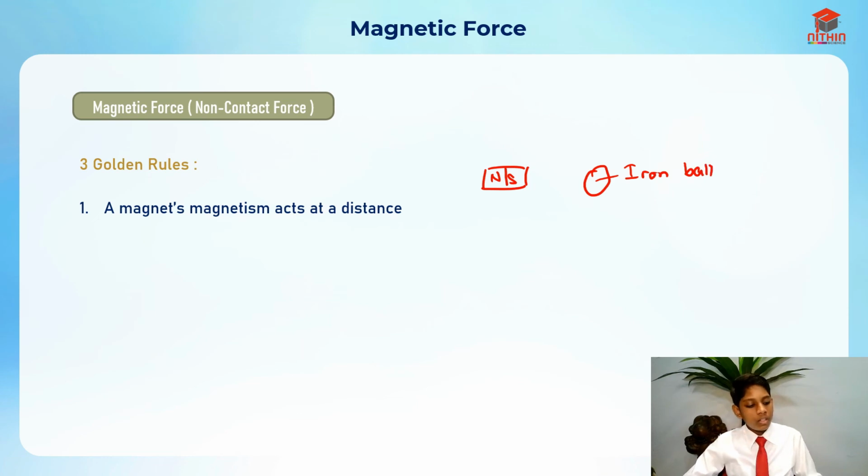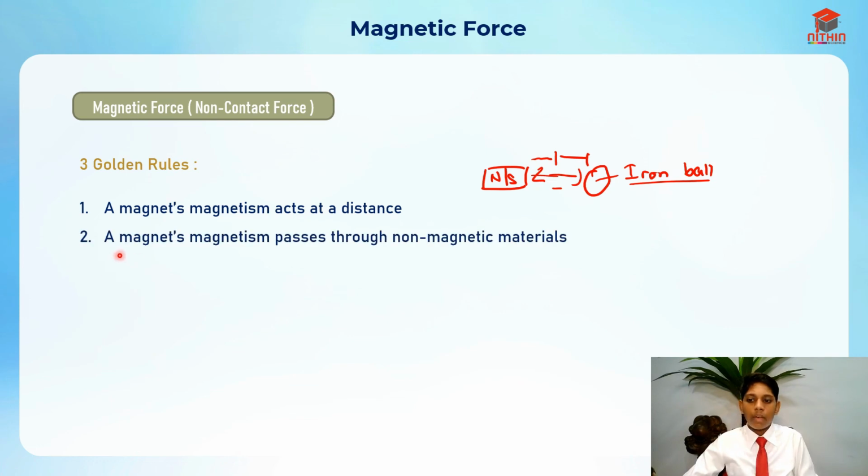So this magnet is actually going to attract this ball over here. So it actually attracts from a distance. Okay, so if it does not attract from this distance, we are going to move the magnet slightly closer, and at some distance you will attract the iron ball without actually touching the iron ball. So you attract at a distance and it will also repel at a distance.